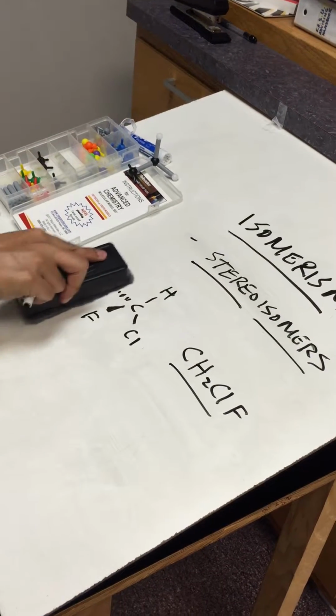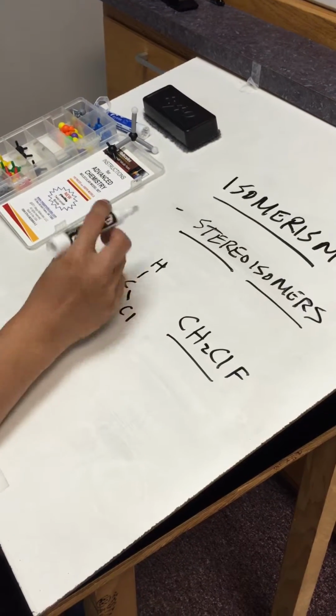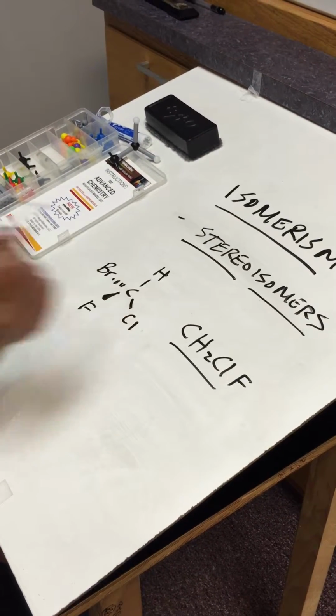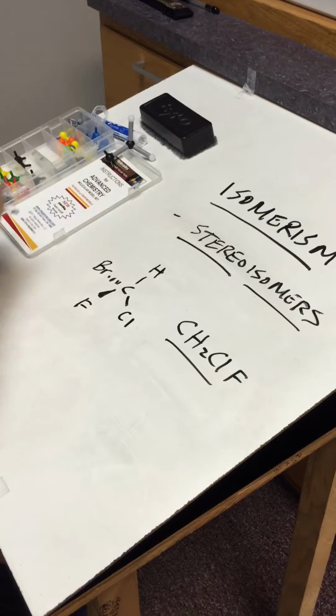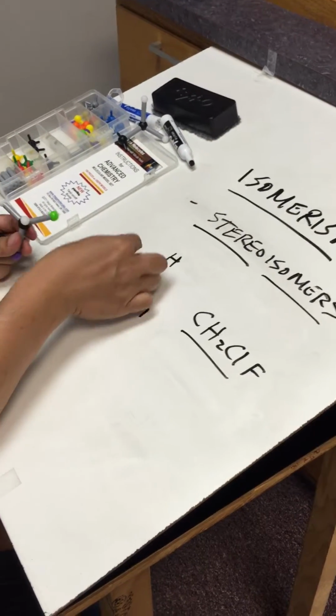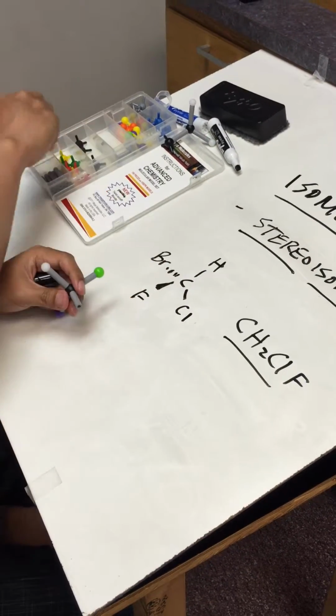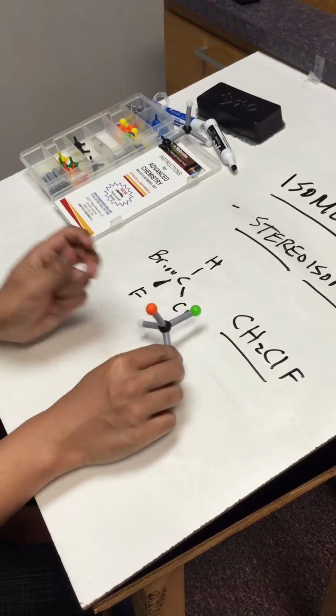Let's do one more. Let's replace another hydrogen. Doesn't matter. Let's say I'm going to replace it with Br. So I'm going to get my bromine, and orange for bromine. And I'm going to replace the hydrogen with bromine.